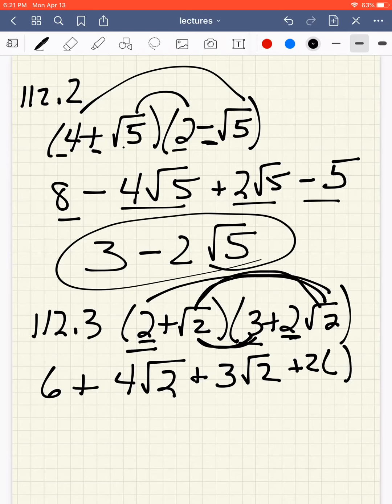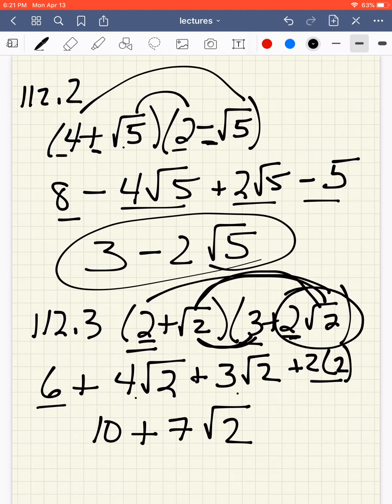Square root of 2 times square root of 2 is 2. Okay, so 2 times 2 is 4, plus the 6 is 10. Plus 4 and 3 is 7 square root of 2. Exactly the same answer that we got for the first one, because they simplified the square root of 8 this time and wrote it like this, like we did the first time we did it anyway.